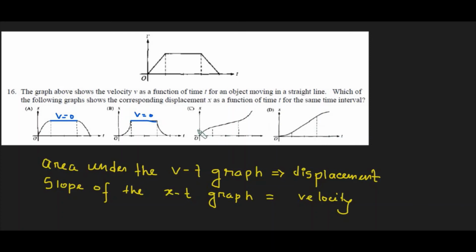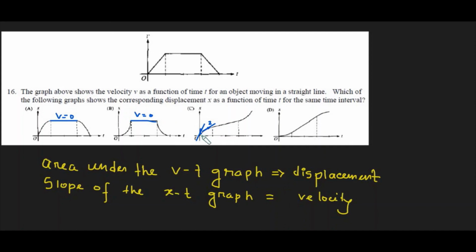Now just consider the C option. At the C graph, if you consider two points, one point here and another point at some later time period, and you draw the tangent at point 1 and at point 2, you can determine that the second tangent is less steep in comparison to the first tangent.